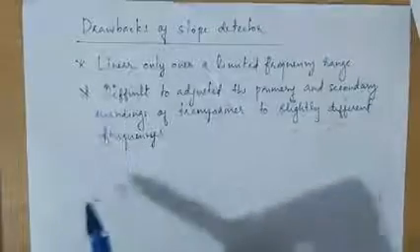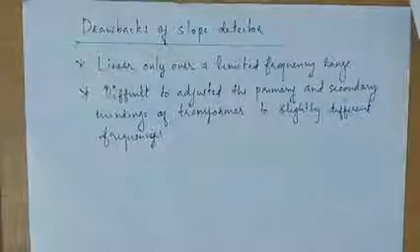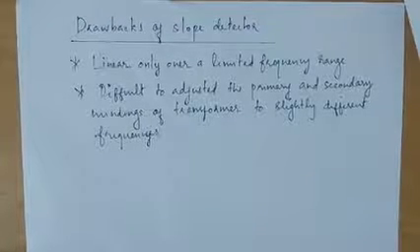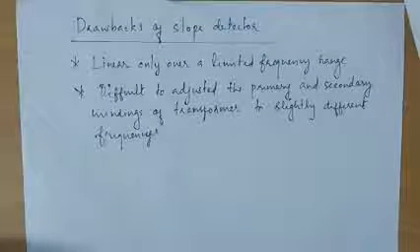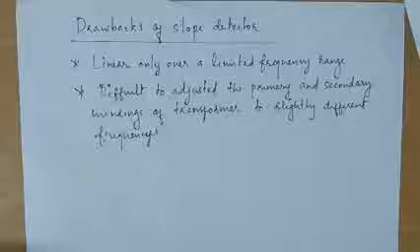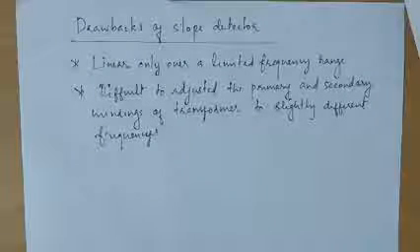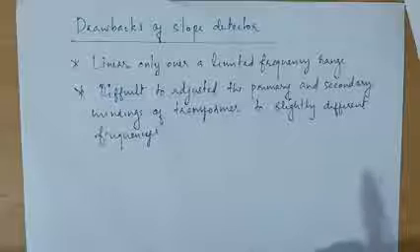These are the drawbacks of the slope detector. Even though the slope detector is the simplest circuit, due to these major drawbacks it is not widely used in the FM demodulation process. So this is the explanation of the slope detector. Thank you.